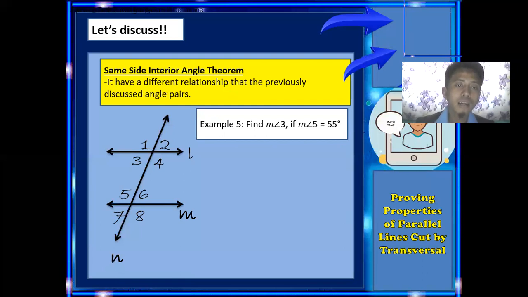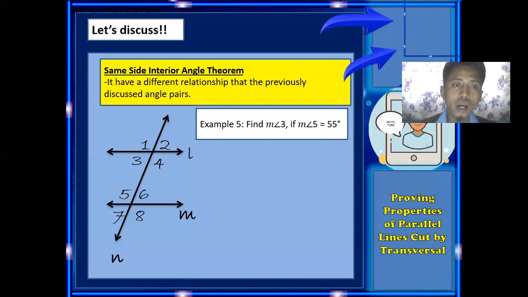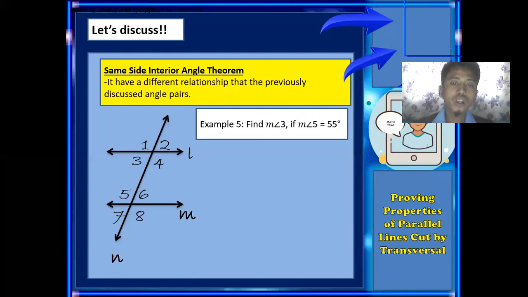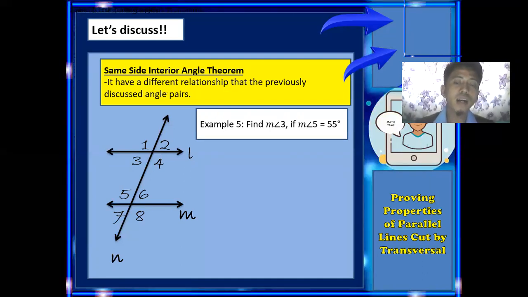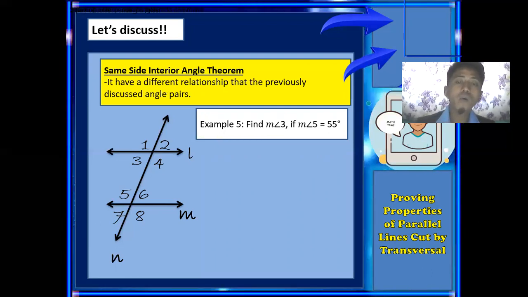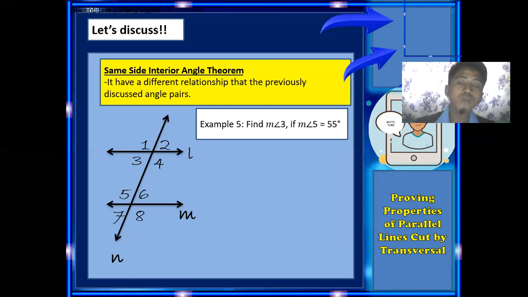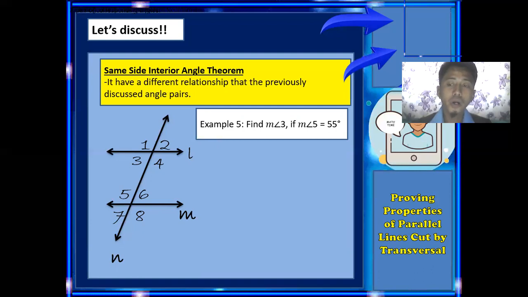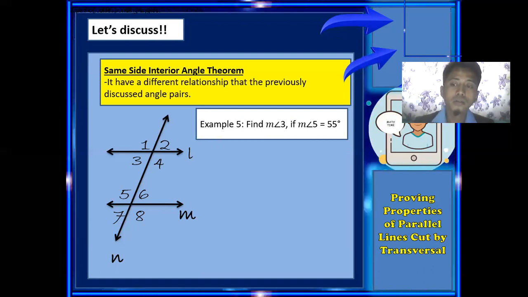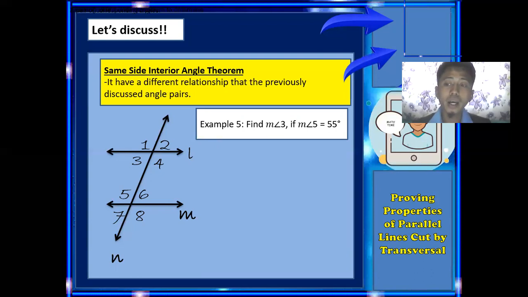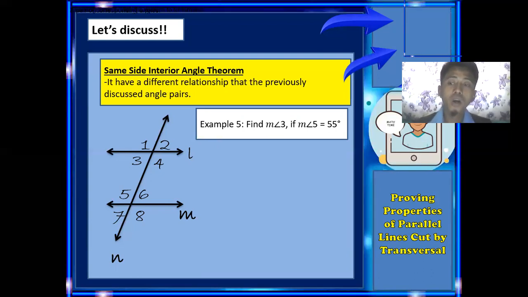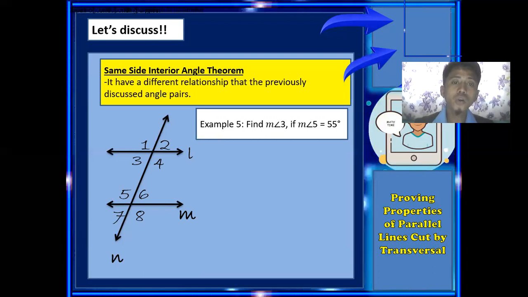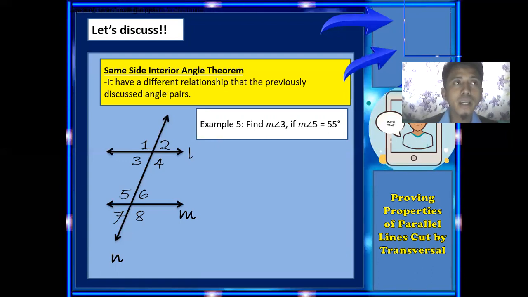So the next is the same side interior angle theorem. It has a different relationship than the previously discussed angle pairs. Before, in our corresponding angle postulate, alternate interior angles, and alternate exterior angles theorem, they are saying that if you have two corresponding angles, they are congruent.